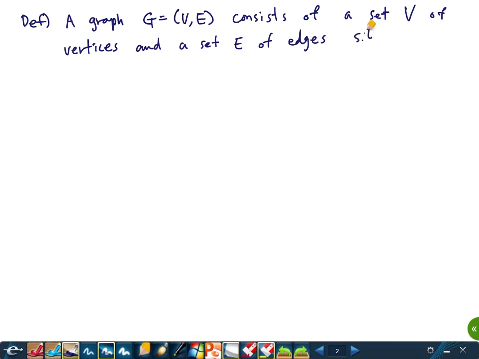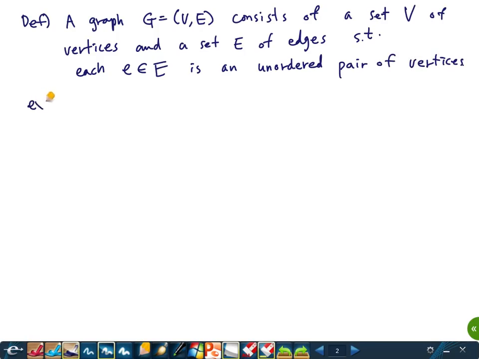But we have some conditions. What are the edges? An edge is kind of a pair of two things, two vertices. Each element in the edge set, meaning each edge, is an unordered pair of vertices.